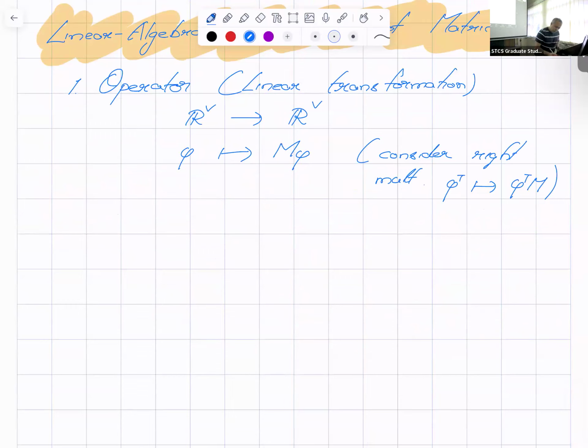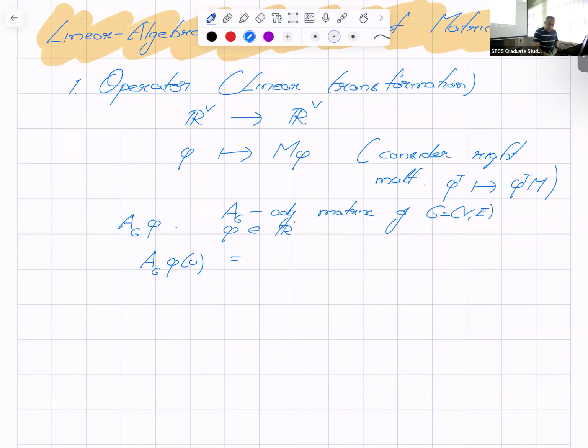So let's quickly see what happens. The adjacency matrix, when you multiply it by phi, what does it do? A_G is the adjacency matrix of G, and phi is some V-dimensional vector.